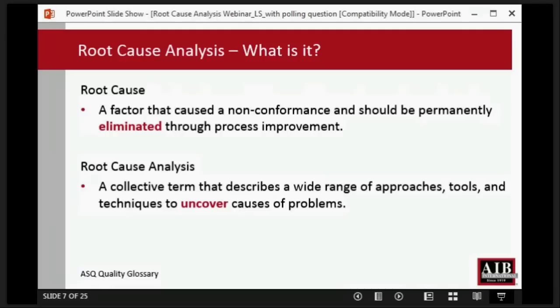Root cause analysis is a collective term to describe many different approaches, which we will be discussing today. These techniques will help you drill down and find out what is the cause. And we will give you some examples, hopefully interesting examples, of how you can apply that.